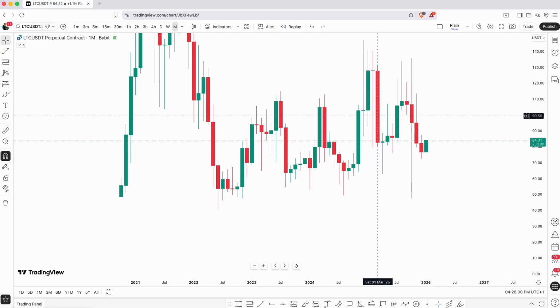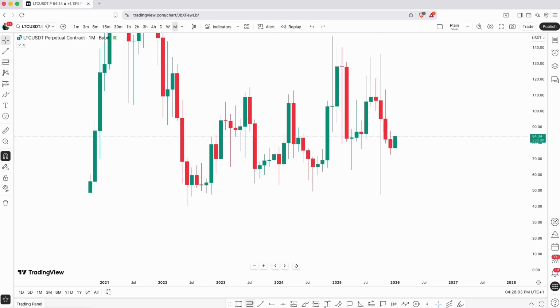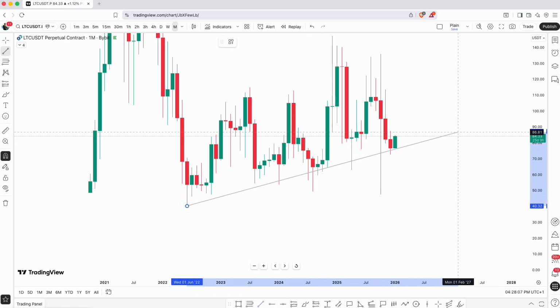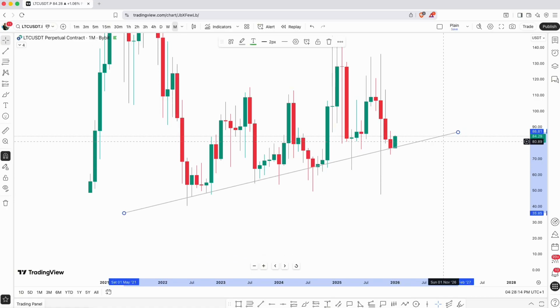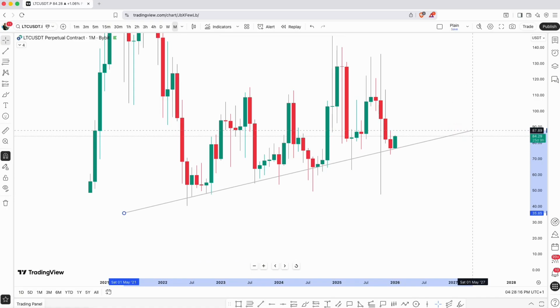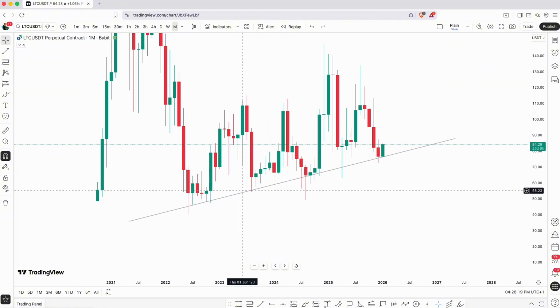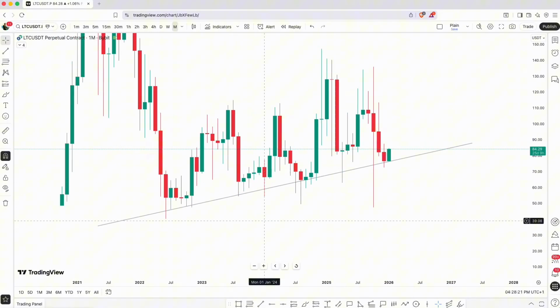What I need is my trend line. So I'll just pick my trend line, and then I pick from here and I take it up there, right? Even if I decide to pick it from here and down there, you see that clearly this market is in an uptrend, even on the monthly time frame. That's the first thing I want to establish, that this market is in an uptrend.